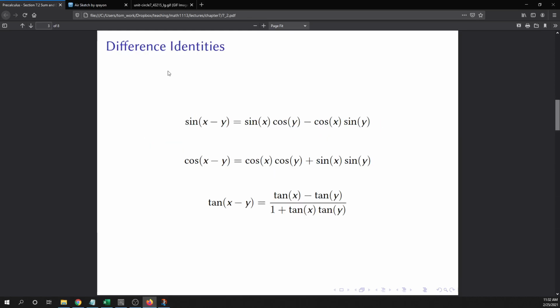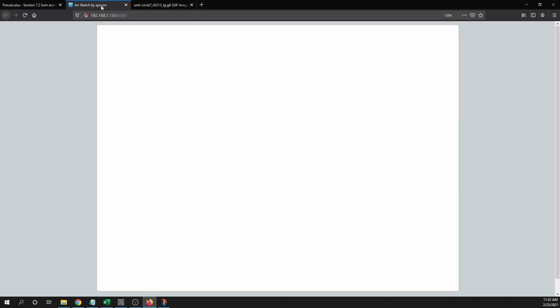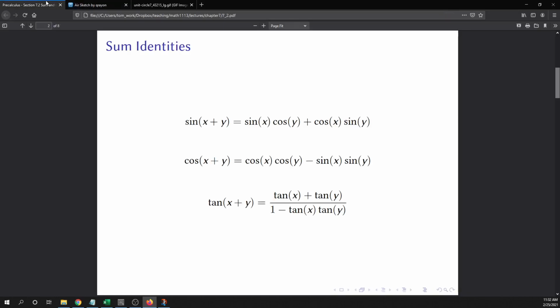We want the sine of A plus B. So this is the formula that we are going to use. Starting with the sine of A plus B, we know that that is equal to sine A cosine B plus cosine A sine B.